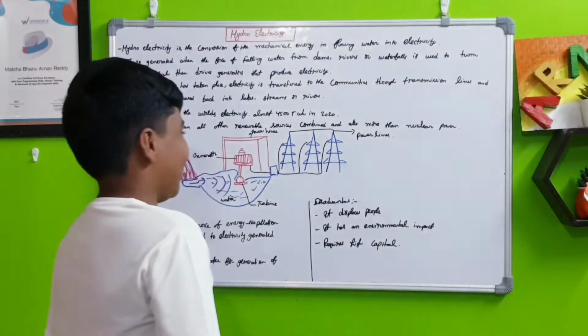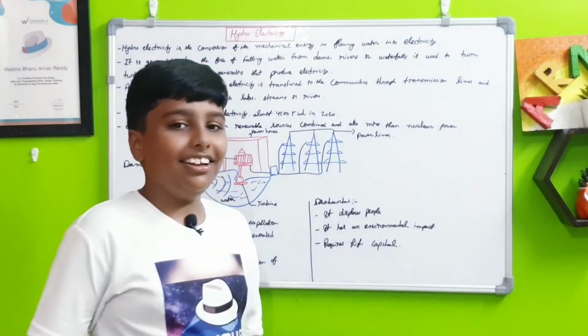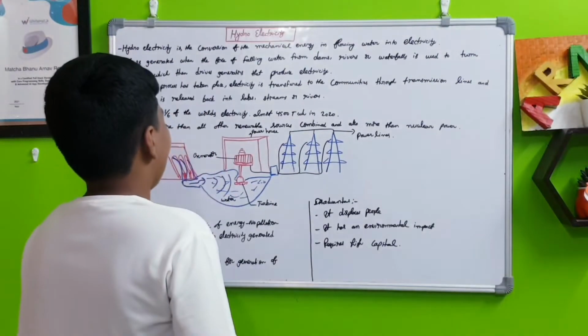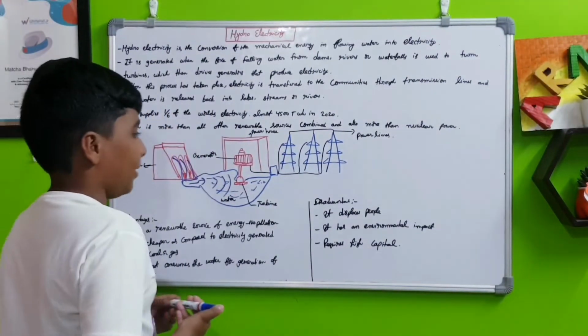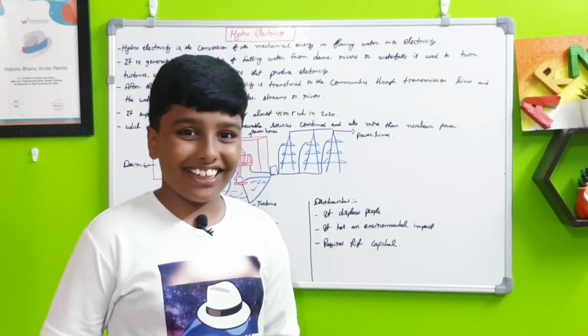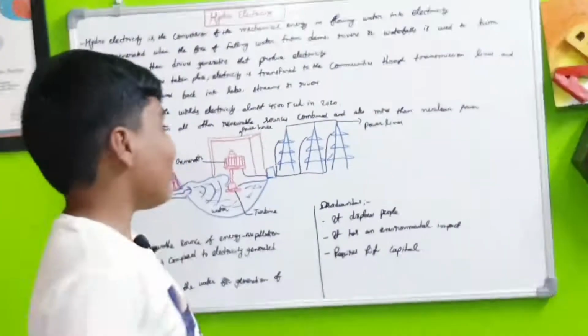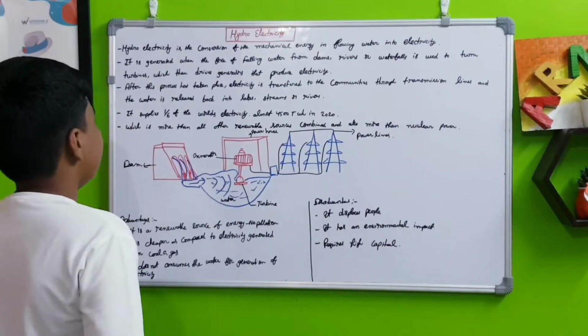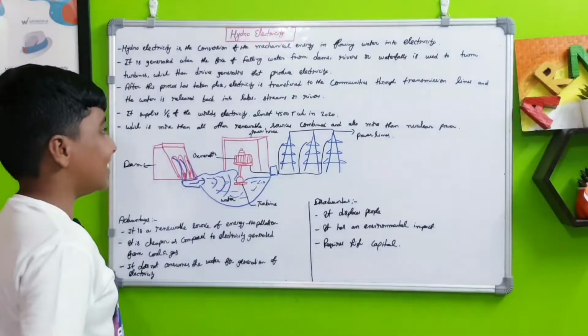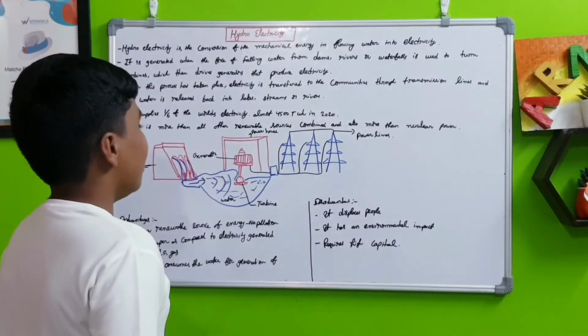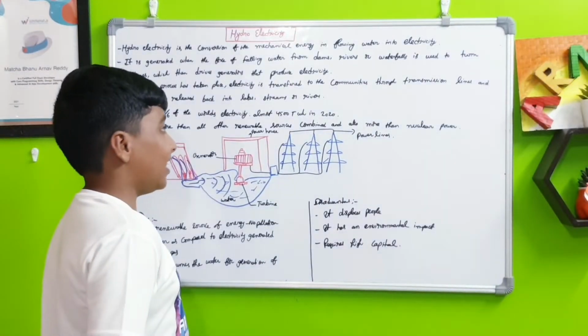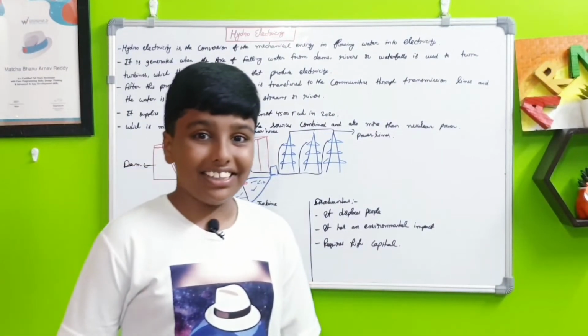There is a slight chance you may have used some energy which came from this process. It supplies one sixth of the world's electricity, which is almost 4,500 terawatt hours in 2020.